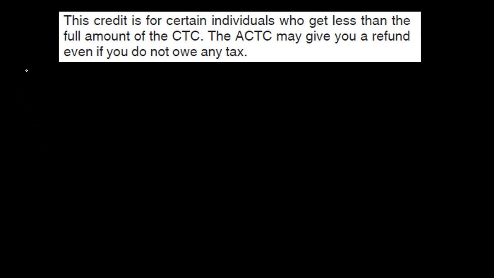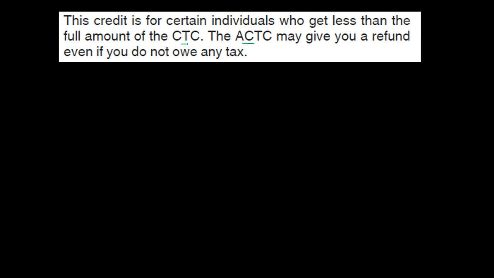This credit is for certain individuals who get less than the full amount of the CTC, or the child tax credit. The ACTC, or the additional child tax credit, may give you a refund even if you do not owe any tax. That's going to be the major difference. So that's what the ACTC is, the additional child tax credit, as opposed to the child tax credit.